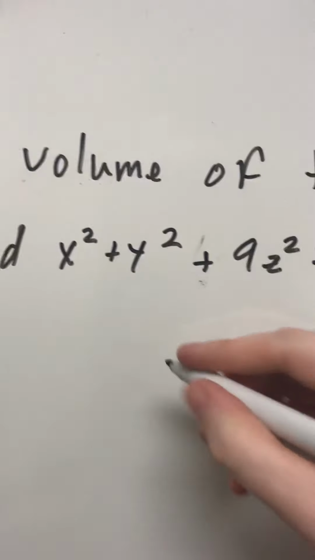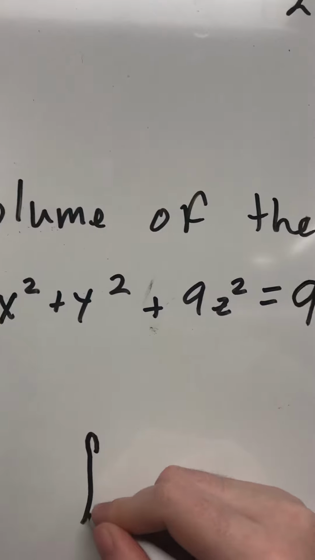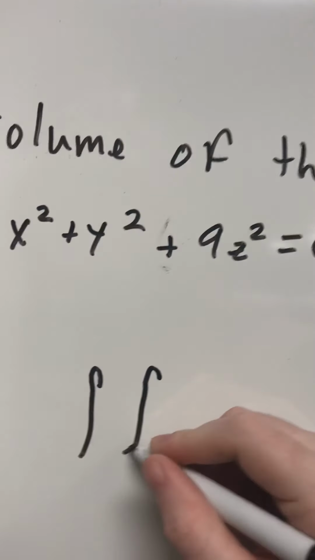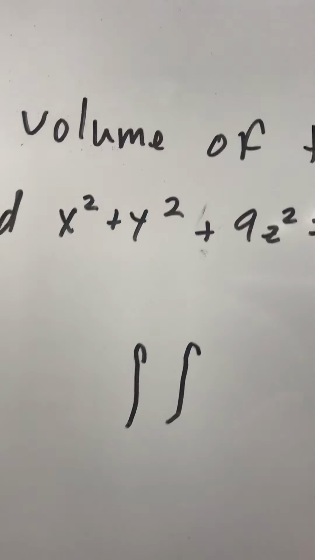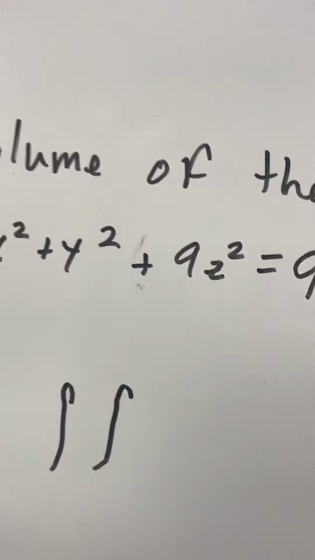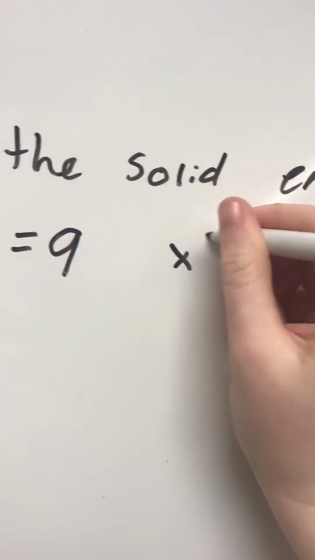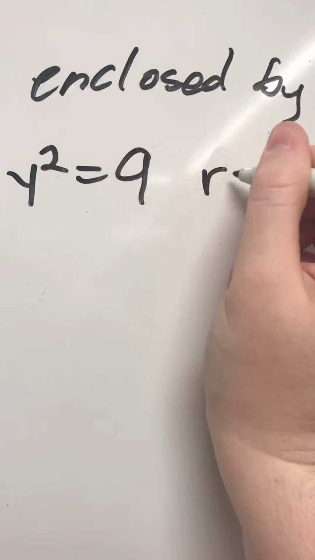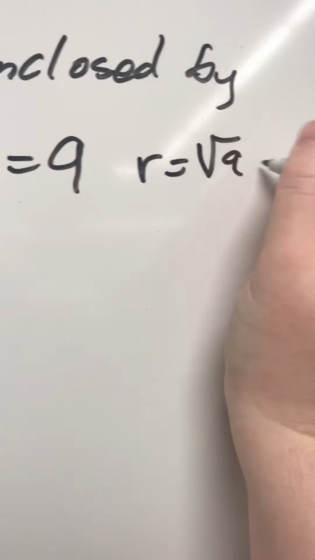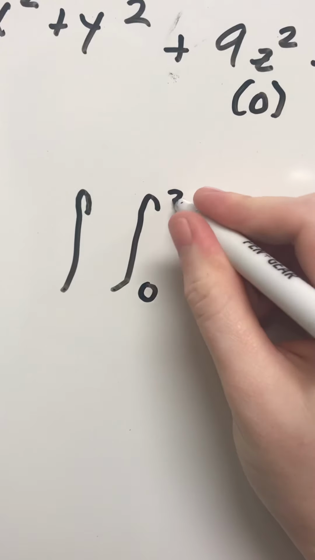Okay. So our integral setup, we're going from 0 to 3, because if you plug in 0 for z, then you get x squared plus y squared equals 9. So your r equals the square root of 9, which is 3. So 0 to 3.